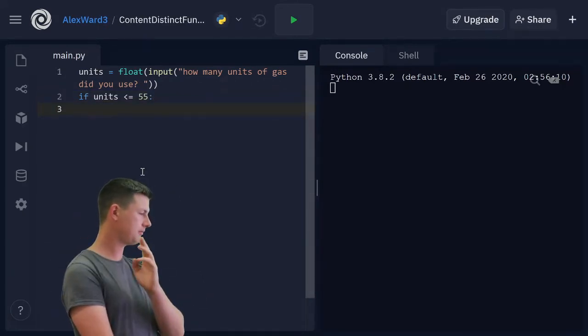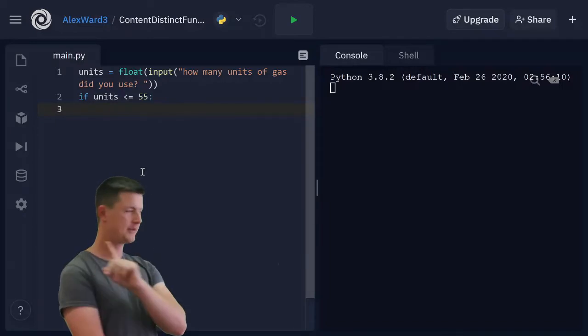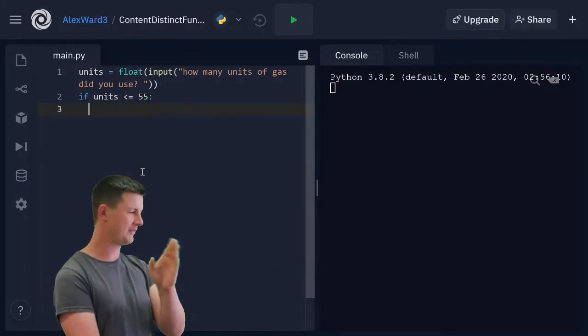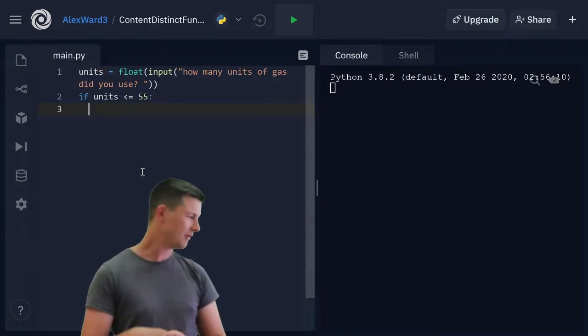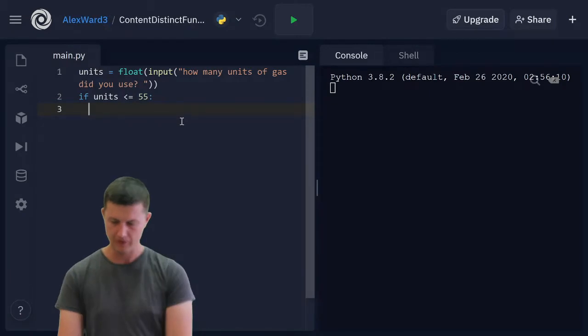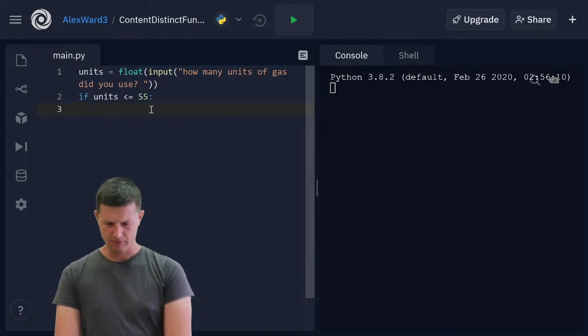Notice how REPL tabs that in for me automatically. I know it's done that over the last few questions, but I've never mentioned that specifically. REPL does the tabbing for you sometimes. Watch out for it. Handy though.